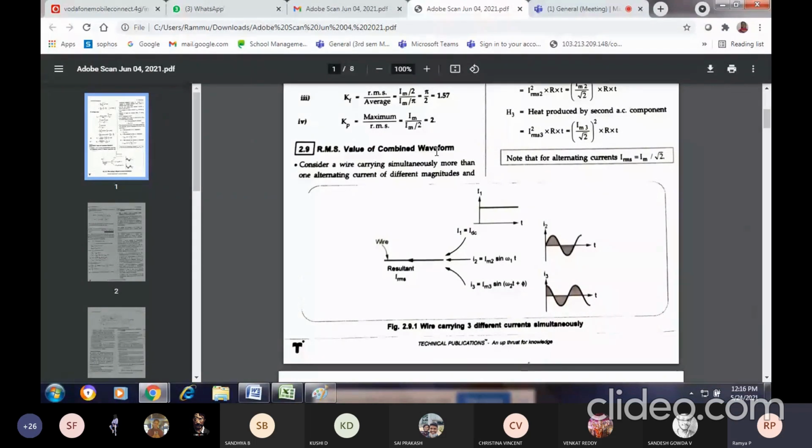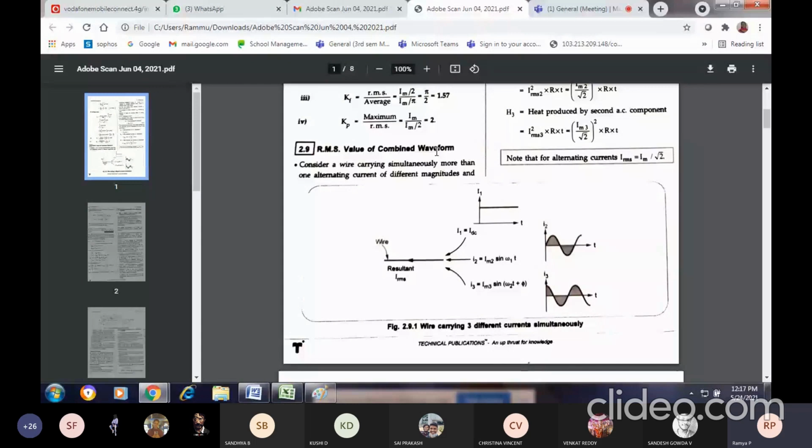I will be passing the current across this wire. Once I will pass AC, once DC, once the magnitude of some other AC system. I'll be varying the frequency and varying the magnitude. Magnitude is nothing but the current.